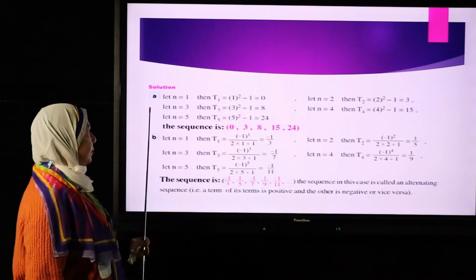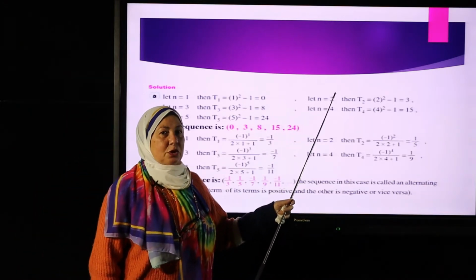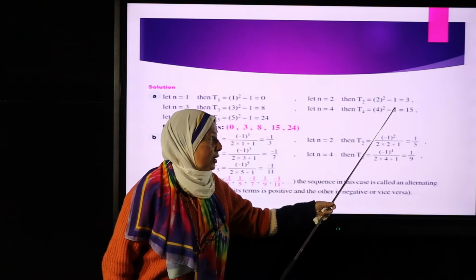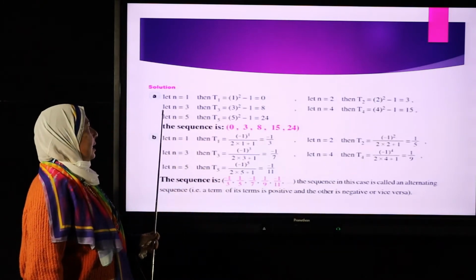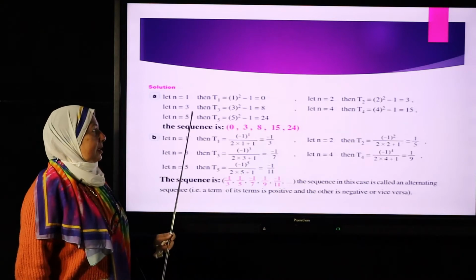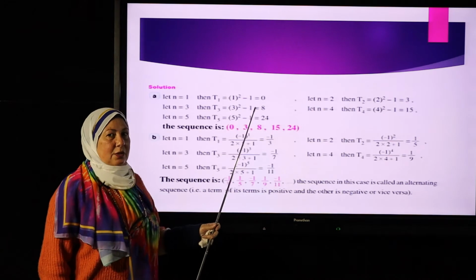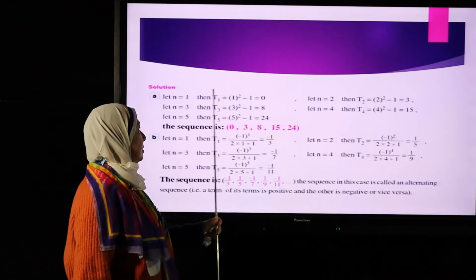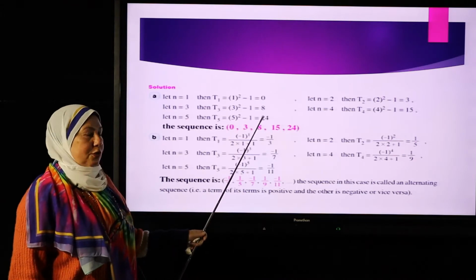And the second term, let n equal 2. G2 equals 2 to the power 2 minus 1 equals 3. Let n equal 3. Therefore, the third term equals 3 to the power 2 minus 1 equals 8. And so on. Then G5 equals 5 squared minus 1 equals 24.